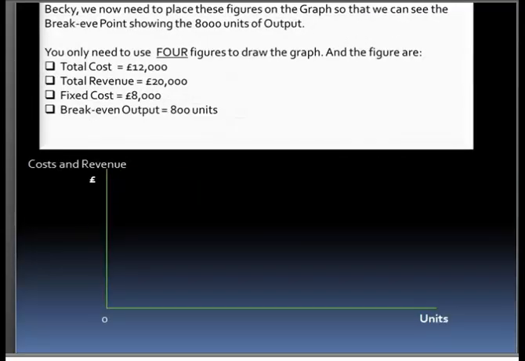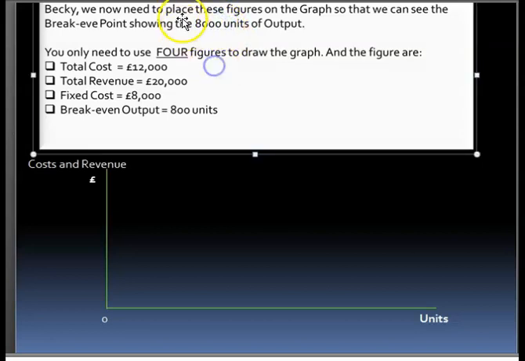So Becky, now what I want us to do is we now need to place these figures on the graph so that we can see the break-even point showing, I think it's 800 units. I believe we need to see the 800, not 8,000 units, 800 units of output.